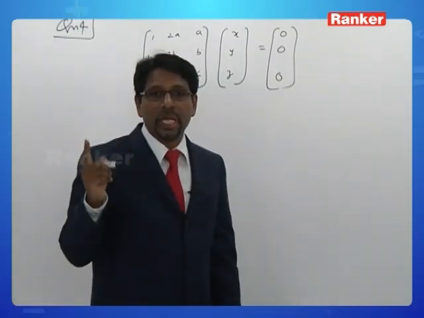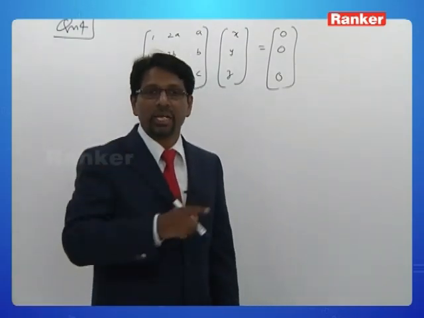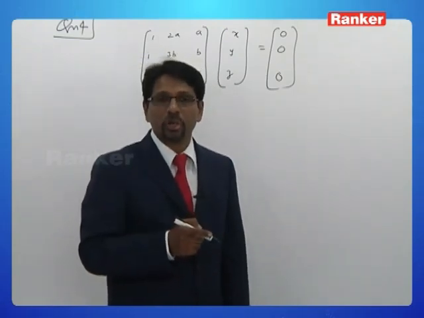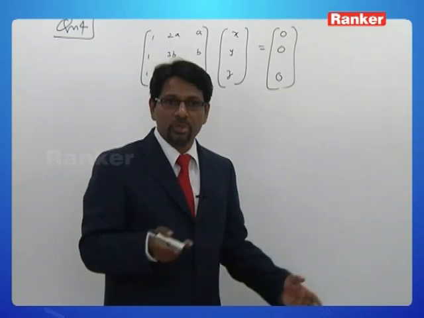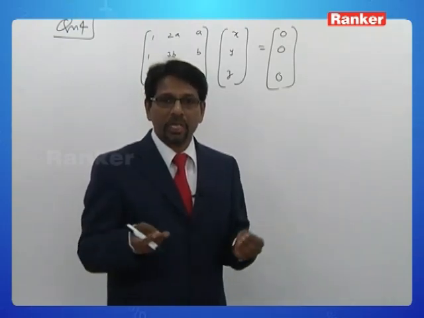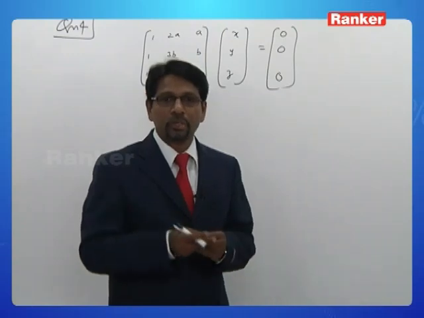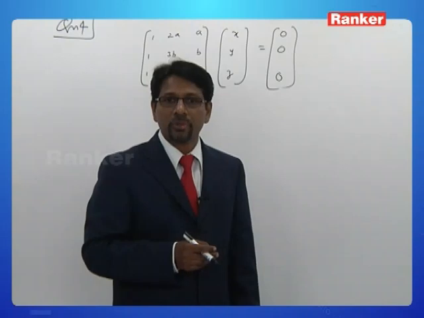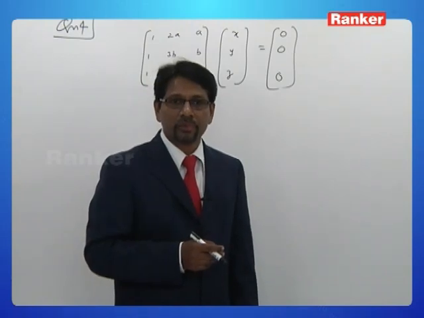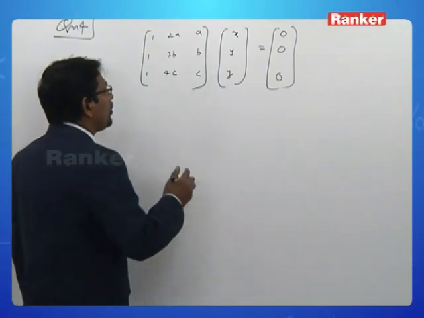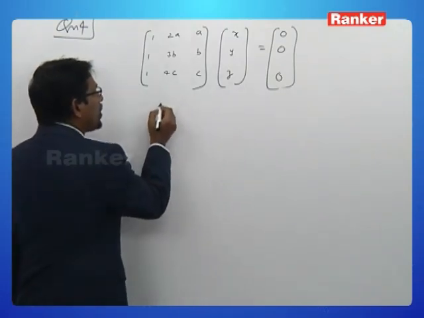At least one of x, y, z being non-zero and the equations being satisfied. Zero solution would mean all x, y, z being zeros. Now we are interested in a non-zero solution, so the determinant must be 0.